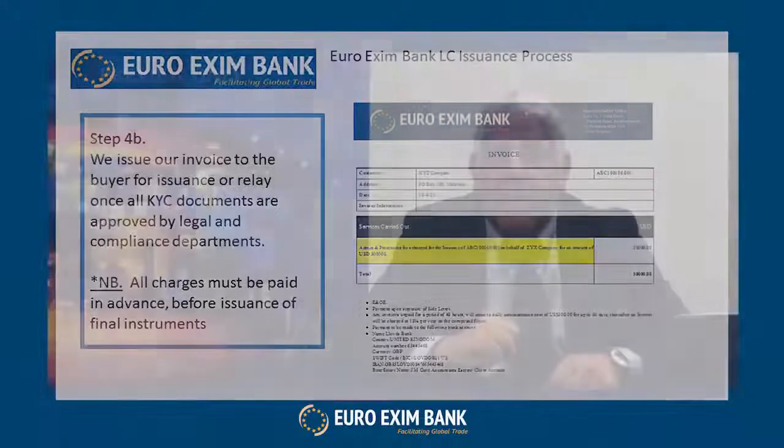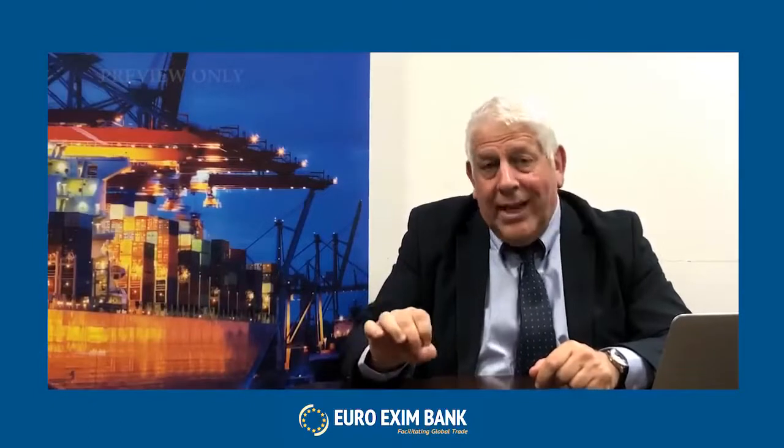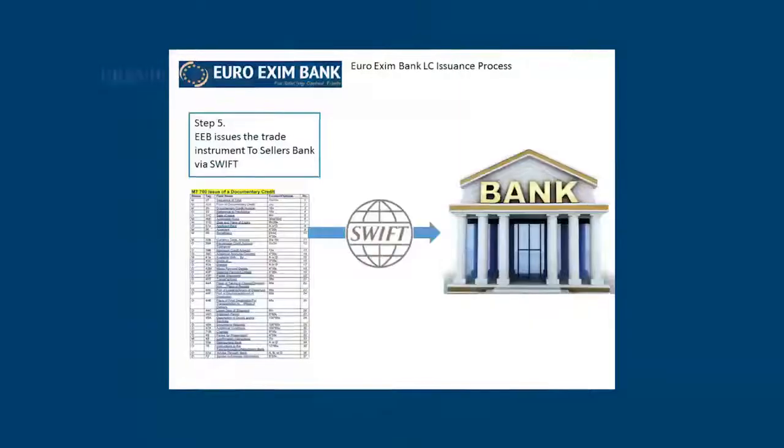If we take on the risk, obviously the fees that we'll be charging will be higher than if we're merely relaying without responsibility or liability. The key point here is that our charges must be paid in advance, in full, before we commit to sending any messages across the SWIFT network.